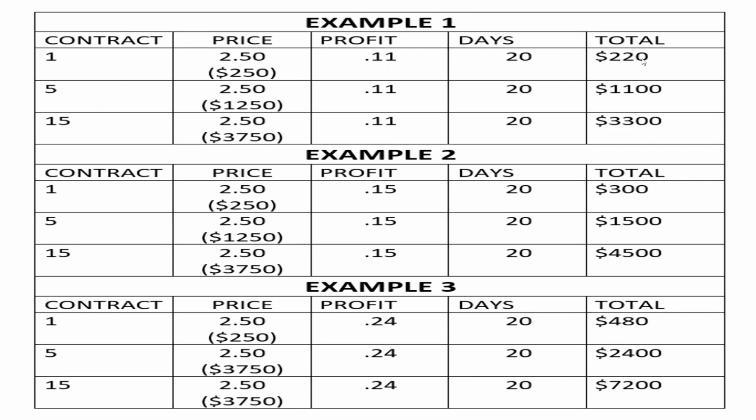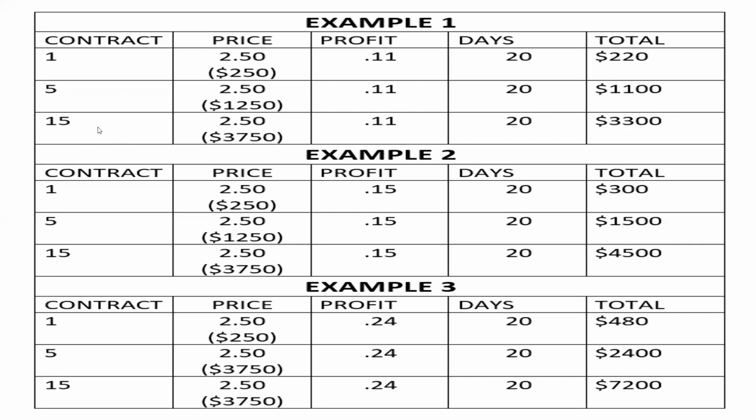You'd have this 220 total. That same 11 cents with 5 contracts, you would have over $1,100 in 20 days or 20 trades. With 15 contracts, you would have over $3,000 in 20 trades or 20 days.